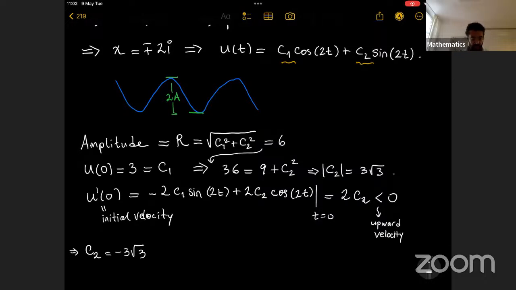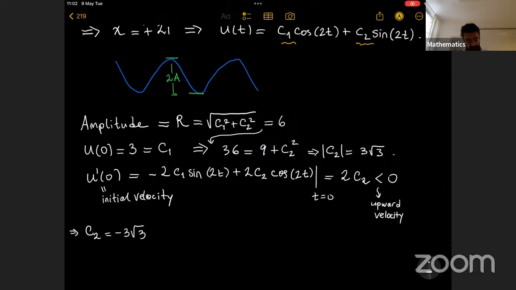So when you combine all this, we get that U of t is equal to, what was C1? C1 is 3 times cosine 2t minus 3 root 3 sine 2t, okay?